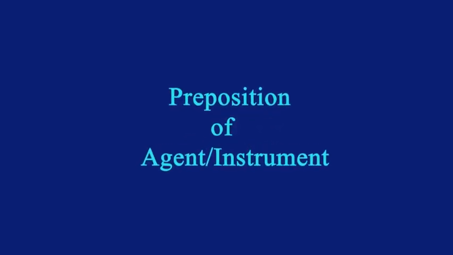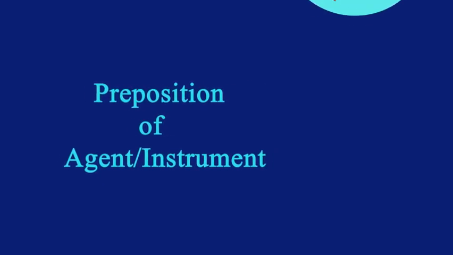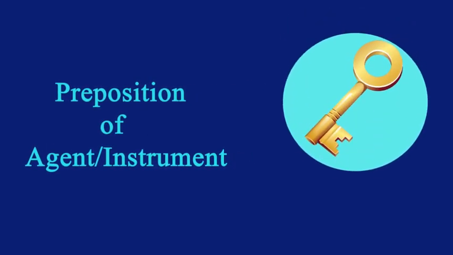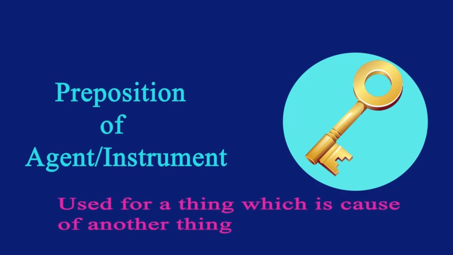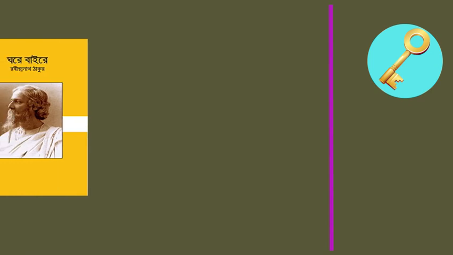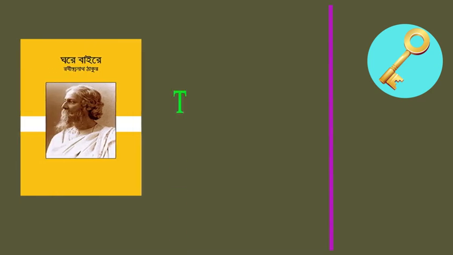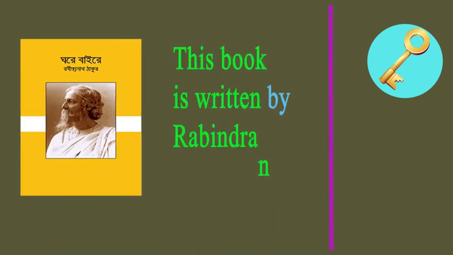Preposition of agent or instrument. It is used for a thing which is the cause of another thing. We will take some examples. Look at this book, Ghore Baire. This book is written by Rabindranath Tagore. By implies a preposition of agent. Someone has written something.